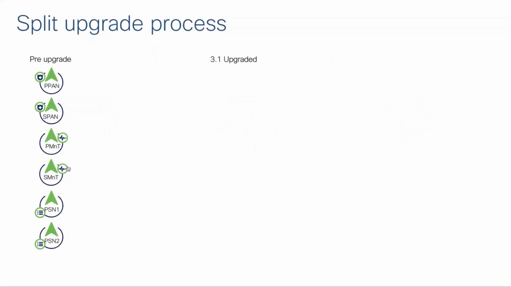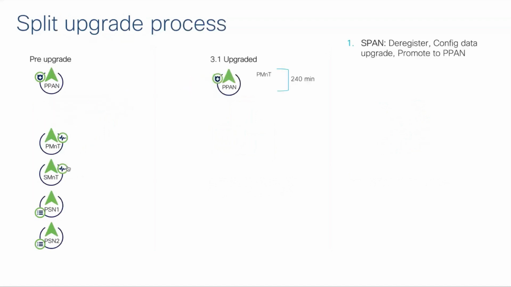Basically, what exactly is the split upgrade process? We have 6 nodes prior to upgrade: dedicated PPAN, dedicated SPAN, dedicated primary MNT, dedicated SMNT, and PSNs. Now, as part of the first sequence, the SPAN gets upgraded and becomes a PPAN in the new deployment.